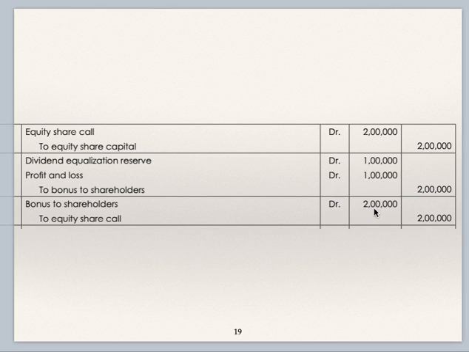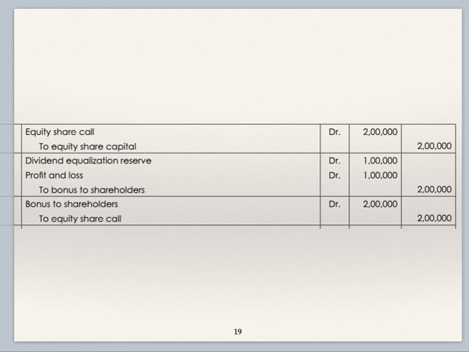So net effect is accumulated profits to equity share capital. So these set of entries are to be passed: equity share call to equity share capital to show call money is due; dividend equalization reserve debit, profit and loss debit to bonus to shareholders to show bonus due; and bonus to shareholders to equity share call. Bonus is given to shareholders by adjusting call money.